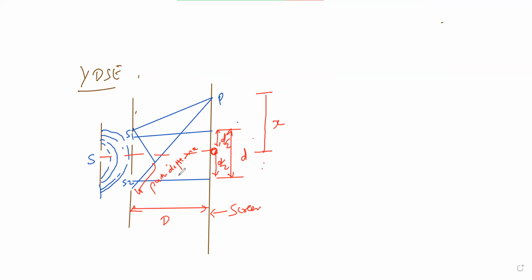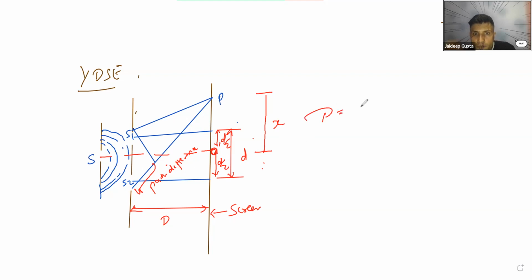Now, the derivation is not in the course. So the formula is path difference equals x d over capital D. Note down, this is the path difference.